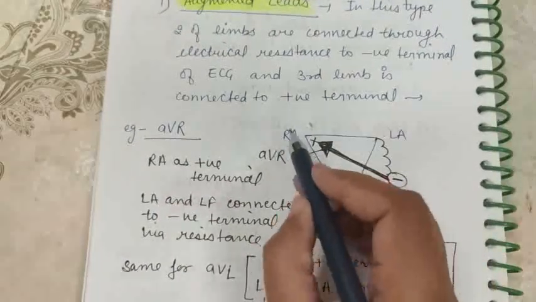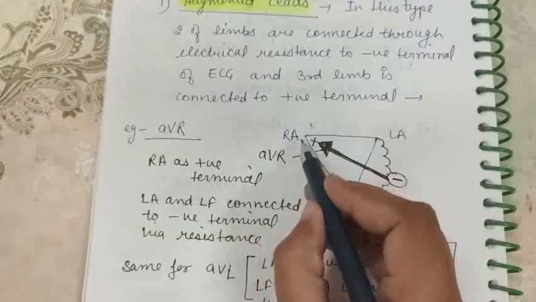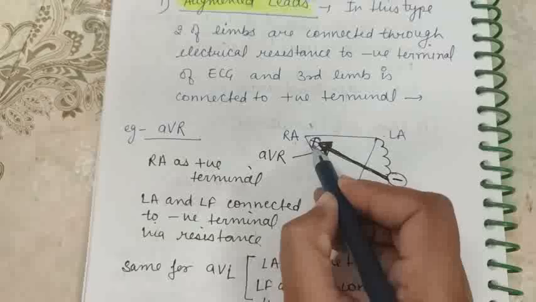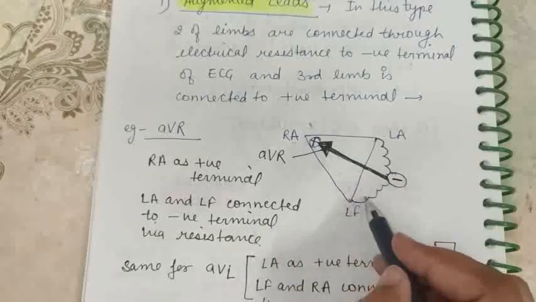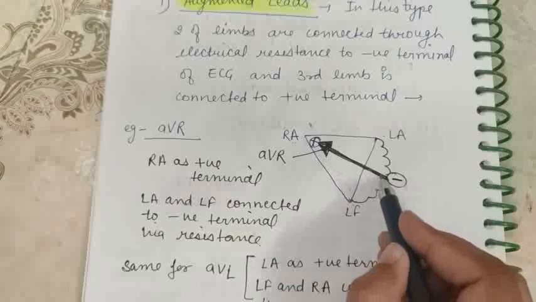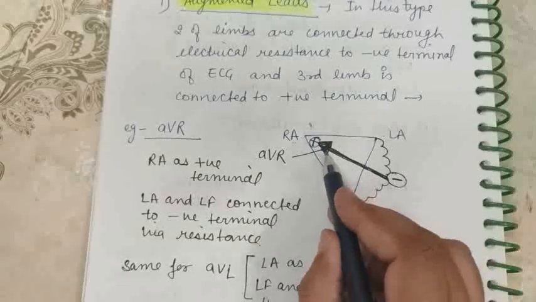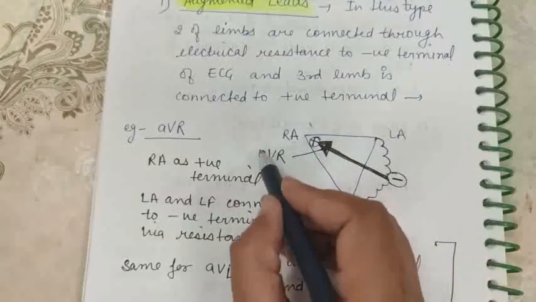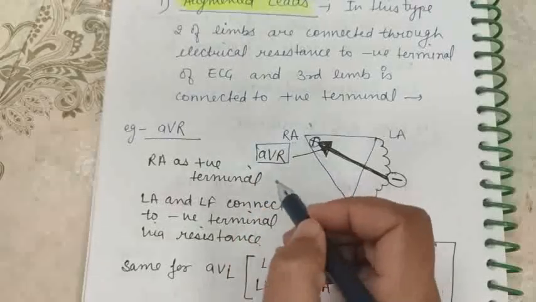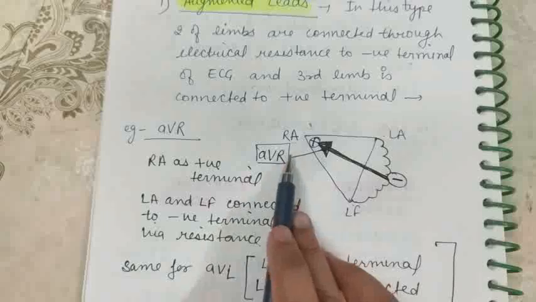For example, we are talking about the right side, right shoulder. That right shoulder is considered positive as the active electrode. The other two are connected with some resistance and taken as negative. Now this negative to positive vector is our AVR, augmented vector of the right side.